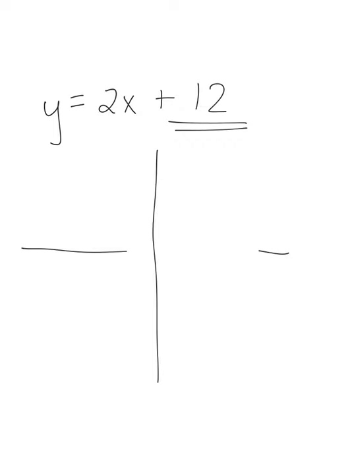So one example, if we type in y equals 2x plus 12, this number will not show up on my graphing calculator because the default on your graph only goes up to 10. That's the y max. It goes down to -10. That's the y min.